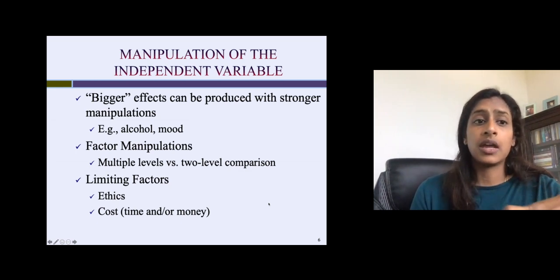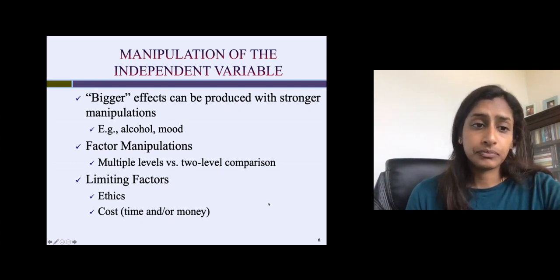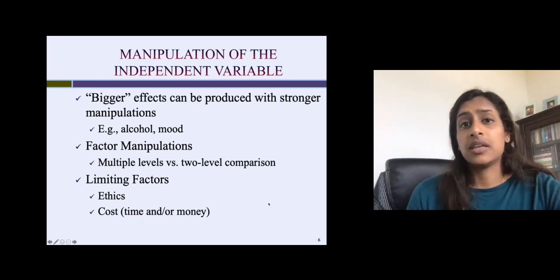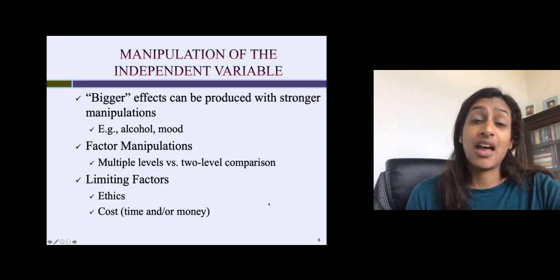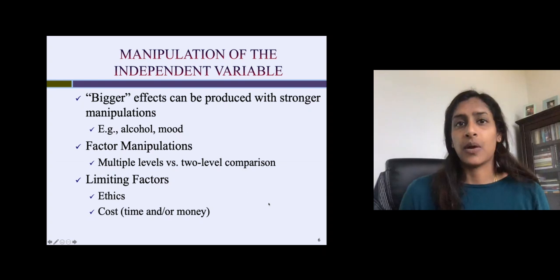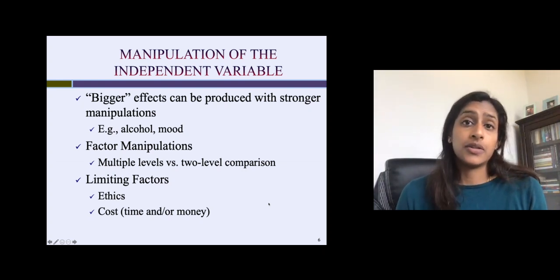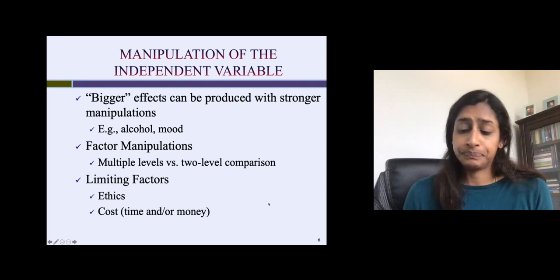So what are we comparing? What are we looking for in that manipulation? We also need to think about limiting factors, things like ethics. Is it ethical for us to conduct the research study in the way that we want to? The cost, whether that be with time or money.